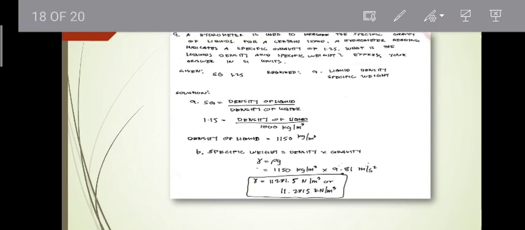Then specific weight is equals to density times gravity: 1,250 kilogram per cubic meter times 9.81 meter per second squared is equals to 12,262.5 Newton per cubic meter, or 12.2625 kilonewton per cubic meter.